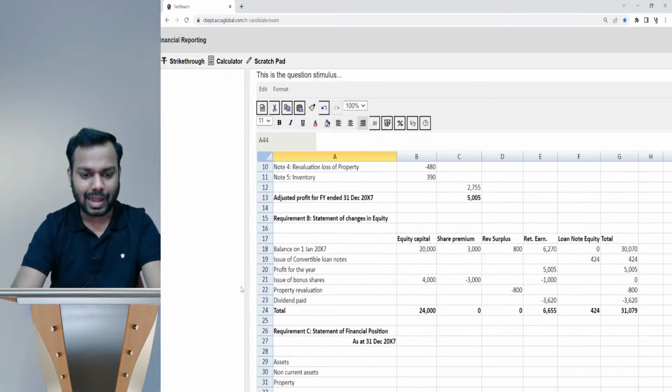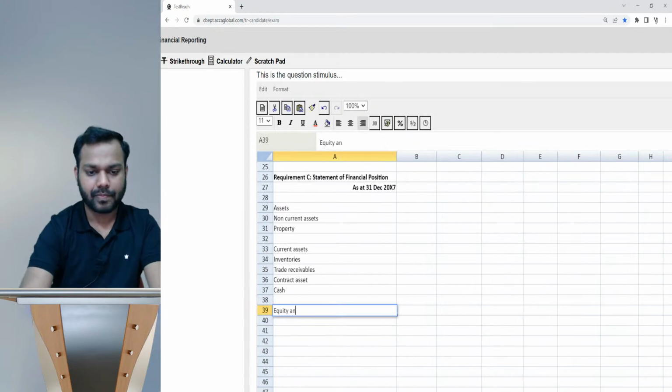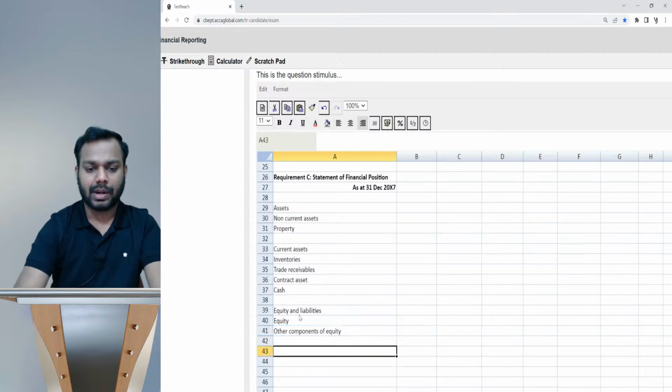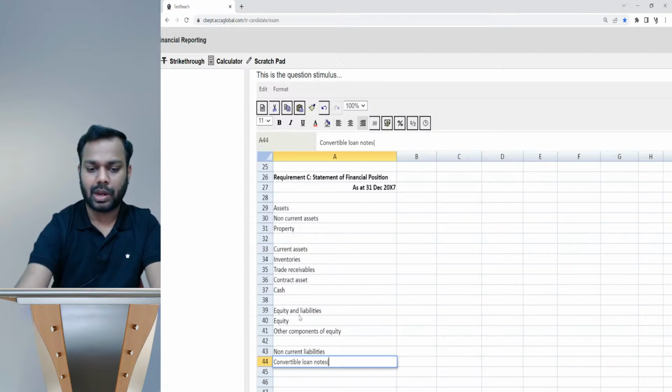Now let's come to equity and liability. Right? Now equity and then comes other components of equity, right? Then comes what? Non-current liabilities, that is convertible loan notes, financial liability component, right?